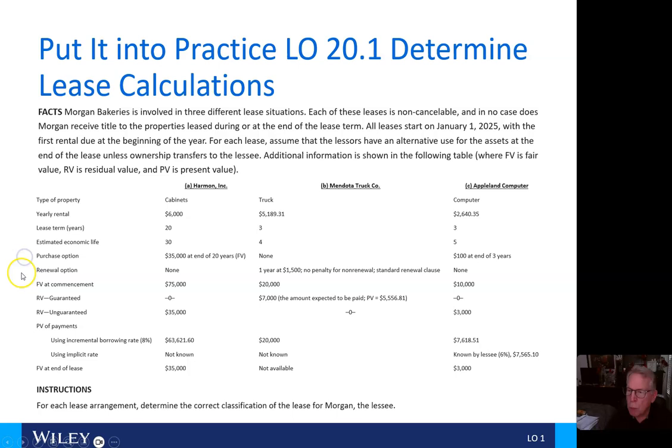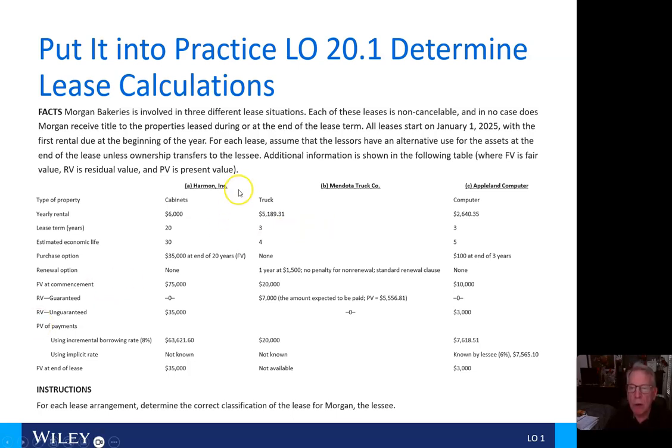Purchase option, renewal option, fair value at commencement, residual value guaranteed, residual value unguaranteed, present value of payments 1, using the incremental borrowing rate of 8%, and 2, using the implicit rate, and finally, the fair value at the end of the lease. So for each lease arrangement, determine the correct classification for the lease for Morgan, the lessee.